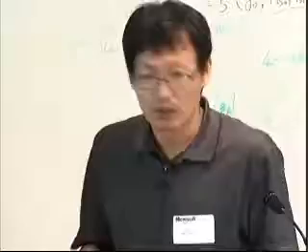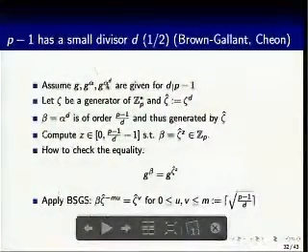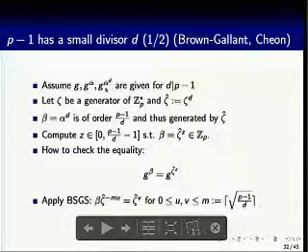We apply the baby step, giant step technique for the exponent. Let's assume we are given alpha and alpha to the d, even though we do not know this quantity. And then zeta hat is defined to be zeta to the d.